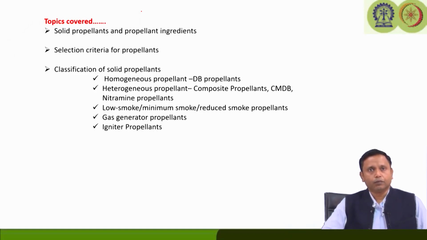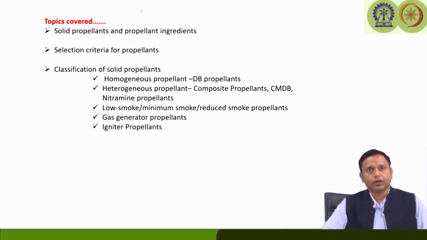We discussed the propellant ingredients in details, like starting from fuels, oxidizer, binder, the curing agent, plasticizer, burn rate modifiers, and so on. Many propellant ingredients have been tried, but we have talked about the major ingredients. And then we talked about the classification of solid propellants in terms of their homogeneity.